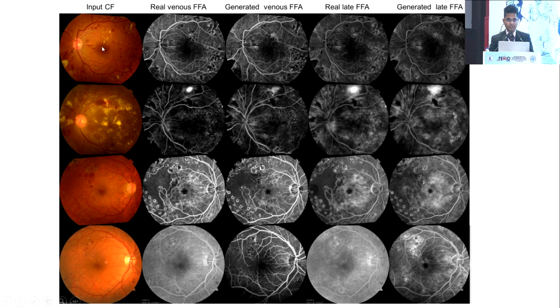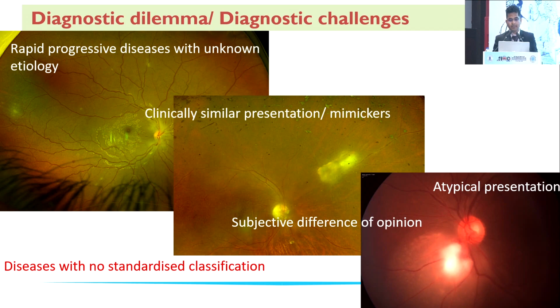The images in the first row are fundus photographs. The first image is a real venous angiography, and this is a generated venous FFA, and as seen in this paper, the images generated by the AI were comparable to the actual fundus fluorescein angiography. So these are generally the capabilities that AI has at present, and maybe years later they would go on improving.